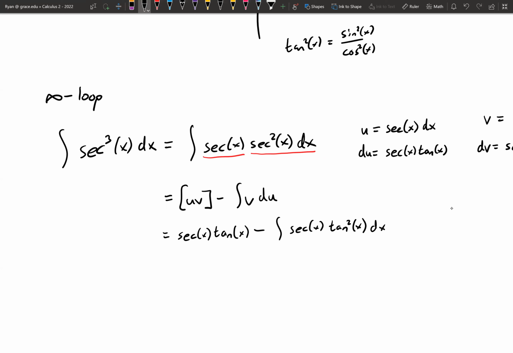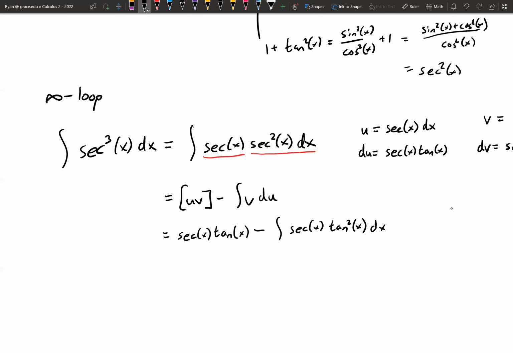And so if I were to add 1 to that, that's sine squared of x plus cosine squared of x all over cosine squared of x, which is equal to 1 over cosine squared, which is secant squared of x.